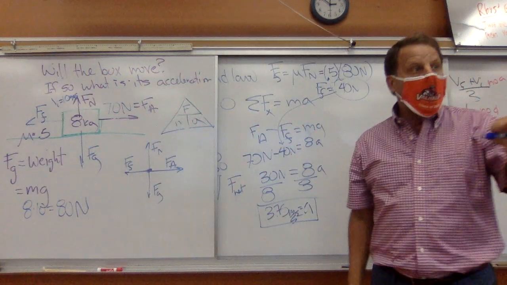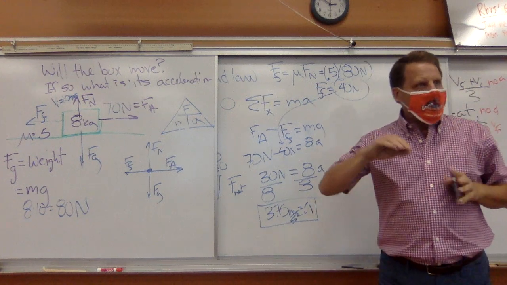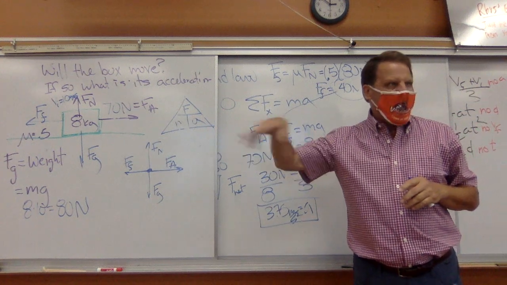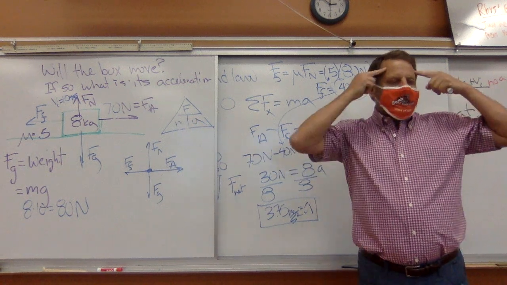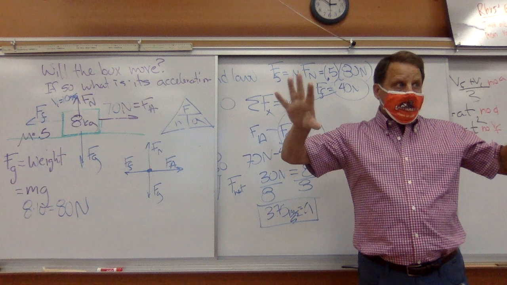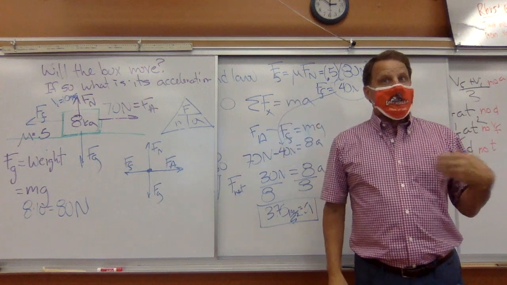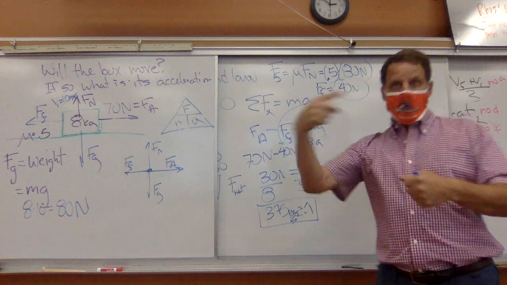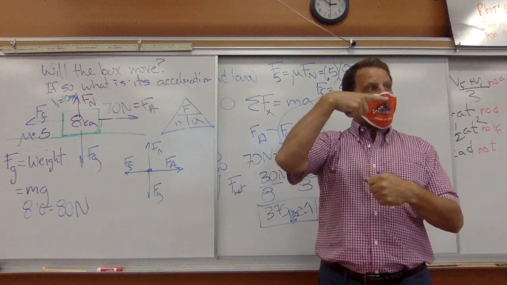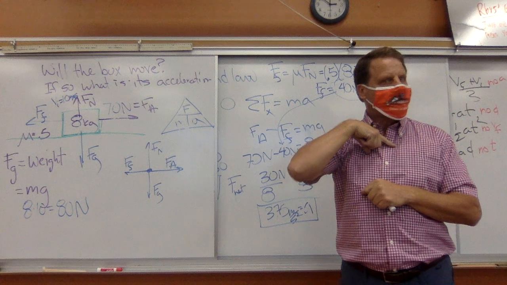So in our non-physics brains, acceleration means we're moving fast, which we equate to just moving fast, but they're not the same thing. Remember, acceleration could be when we're slowing down. When we put on the brakes, we're going to have an acceleration in the negative direction, which is why we're slowing down.